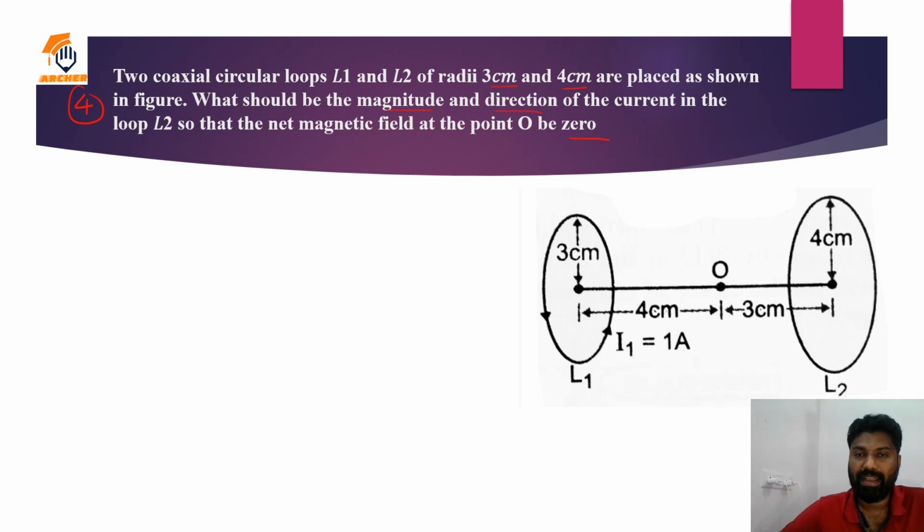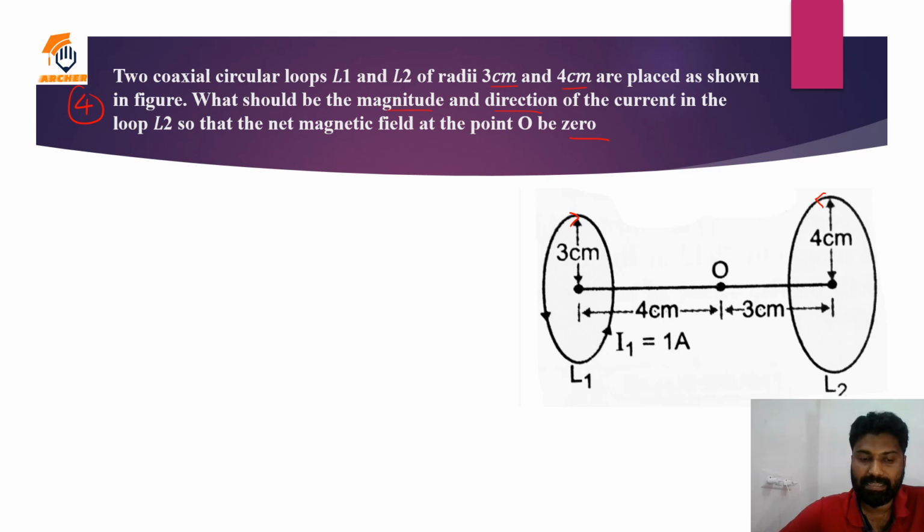When the magnetic field at O is 0, if the current in L1 is in this direction, then the current in L2 should be in this direction. It should be opposite to that of L1. Then the magnetic field will be 0.